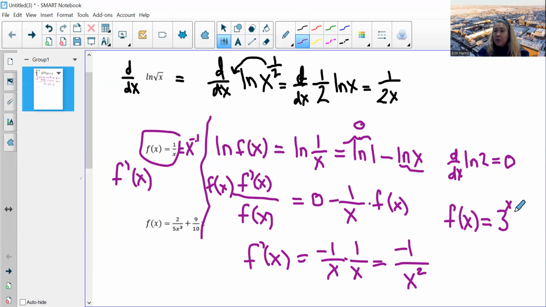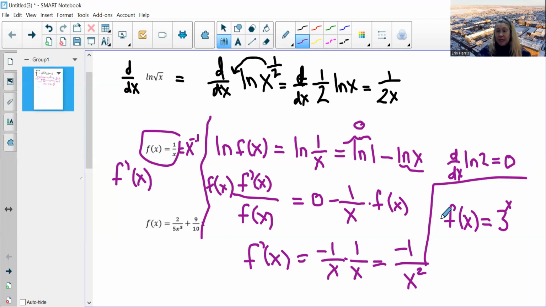As I've mentioned before, anytime you have an exponent problem, either literally or figuratively, think natural log of both sides. And so we did use logarithmic differentiation on this to get to the derivative of our exponential functions, by taking the natural log on both sides.